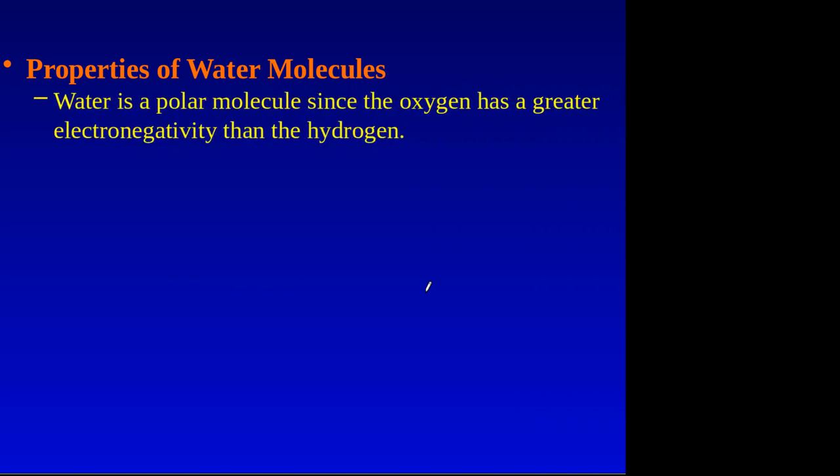And so the property of this is water is a polar molecule. The oxygen has more electrons in its outer shell than the hydrogen, and so the oxygen has this. That's my oxygen, and these are my hydrogens. That has a really large negative charge, and this is a very small positive charge.